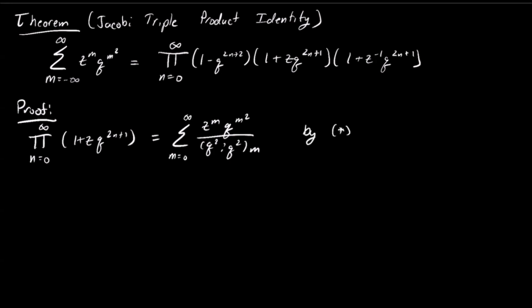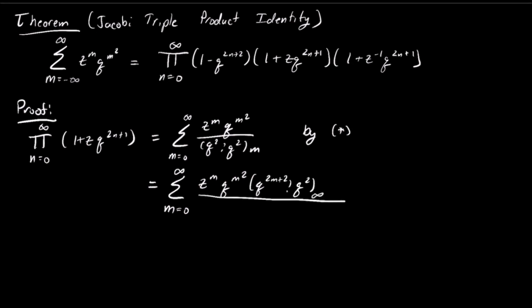Right. The next thing I'm going to do is I'm going to take that denominator and rewrite it. All right, so using our fact from the beginning of this video, so one of our basic properties of q Pochhammer symbols, I'm going to take this denominator and rewrite the sum as the sum m goes from 0 to infinity of z^m q^(m^2) times (q^(2m+2); q^2)_∞ divided by (q^2; q^2)_∞.